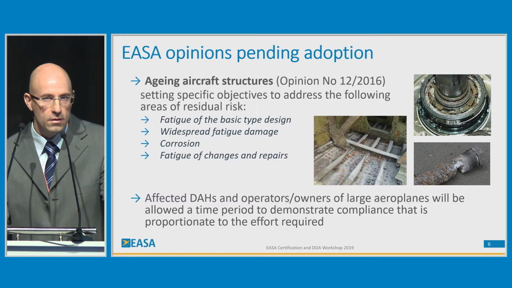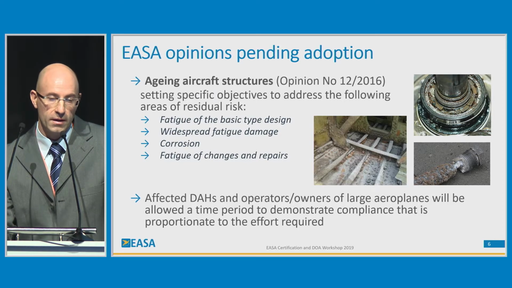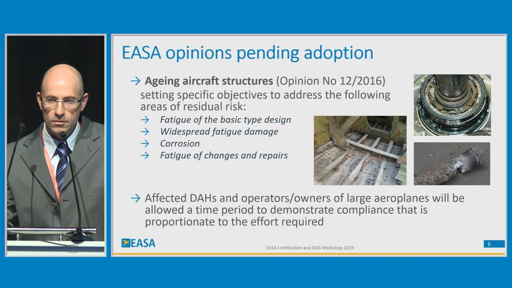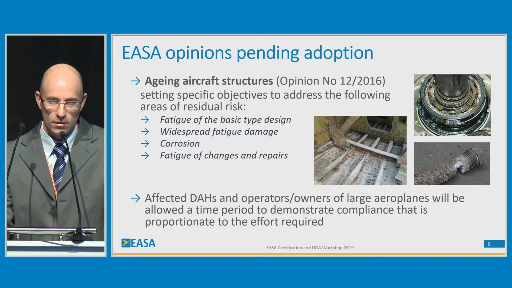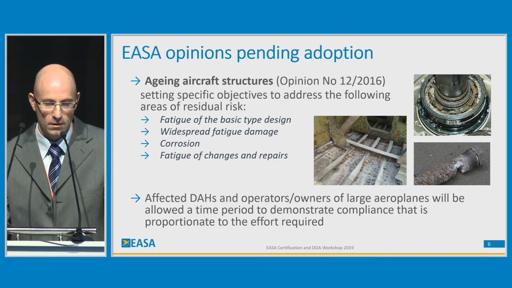The proposal affects both the design approval holders and also the applicants for TC, STC, and repair or changes to those products. And it also affects, obviously, the operators and the owners, because the ultimate goal is that the maintenance programs are amended to better control those risks and to implement corrective actions when necessary.